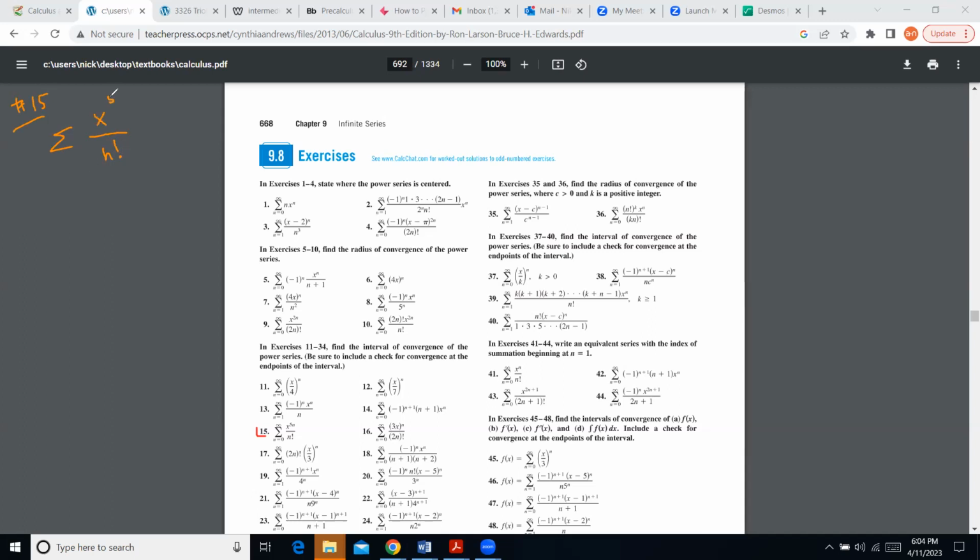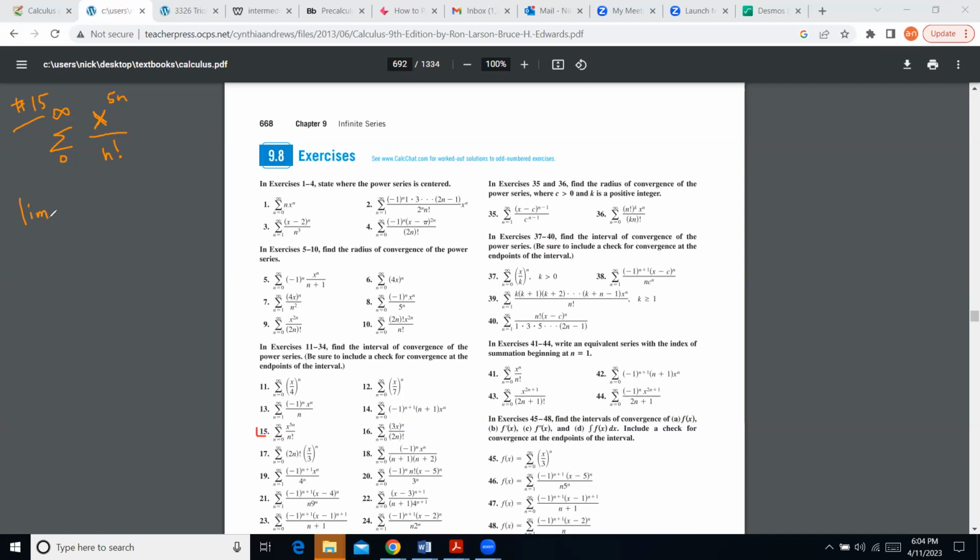It starts at 0 and goes to infinity. So we're not going to use absolute values here because we know that n is positive, but for values of x, we actually should.